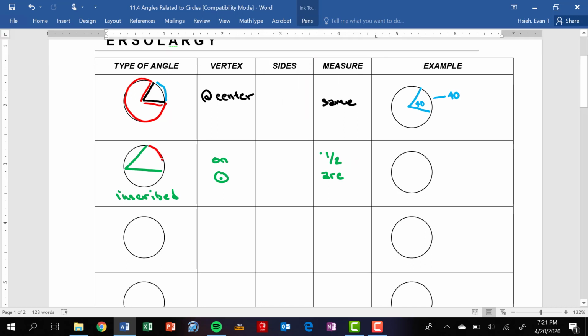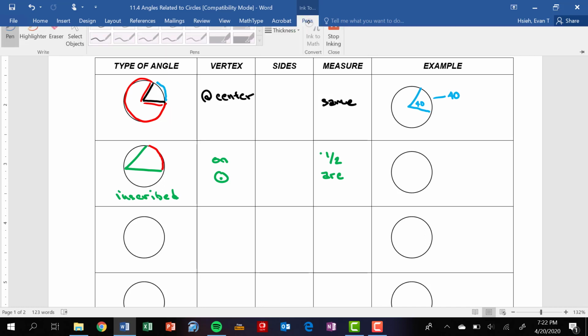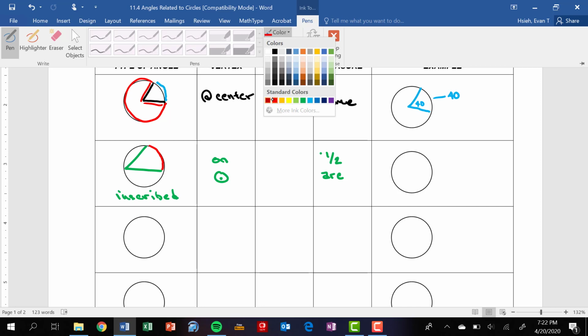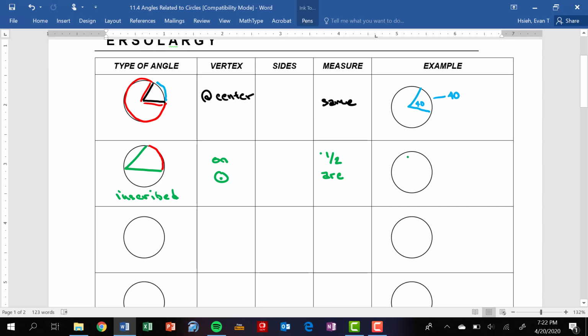So in this case, it's that arc right there. So hopefully y'all can see the mouth eating that particular arc. And so if I take a look at an intercepted arc like this, where this is, say, 70 degrees, I know that this angle here is half of that. It's 35 degrees.